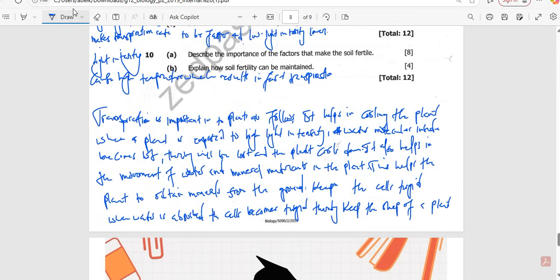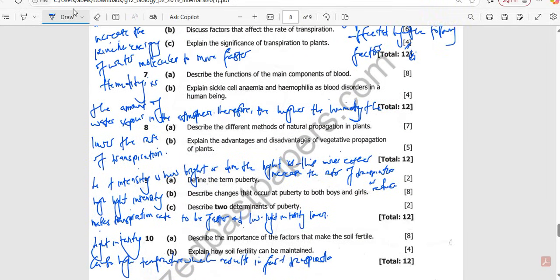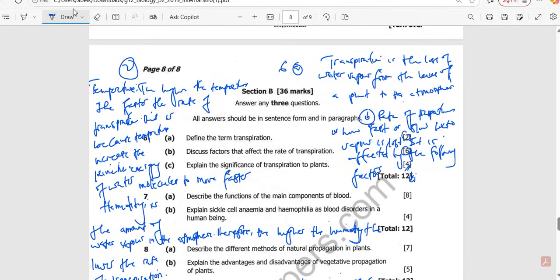So the turgidity of the cells helps to maintain the posture or the structure of a plant so that the plant cannot wilt. So this is how we write essays in biology if you want to get marks without doubt.